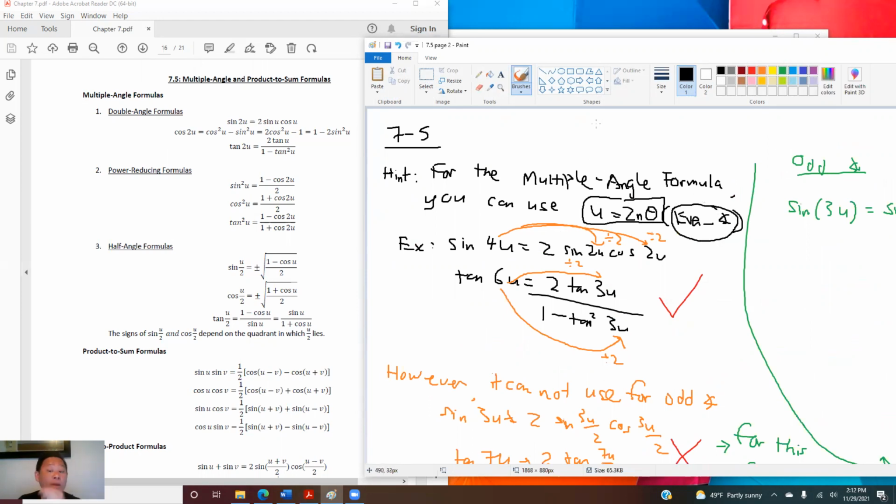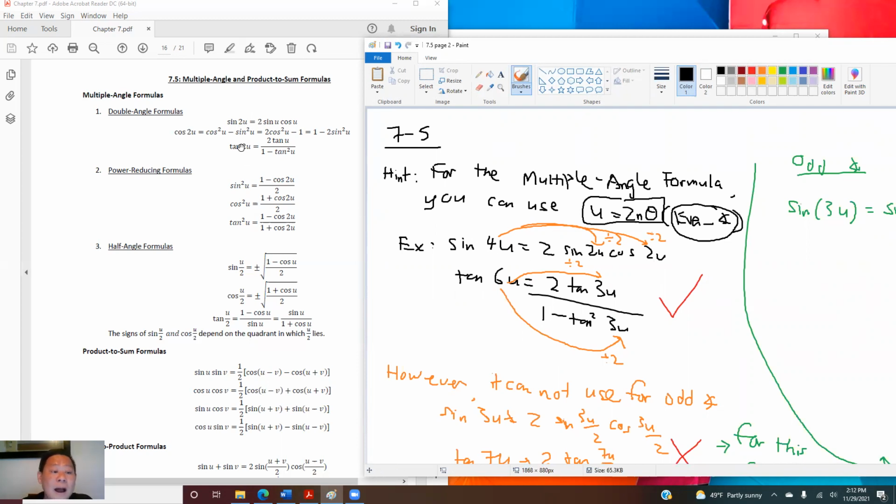This is very important. So an example is if you have sine 2u is 2 sine u cosine u, you can actually use this formula for sine 4u, where you will still get 2 sine 2u cosine 2u. It means that you take the 4u and you divide by 2. So 4u becomes 2u.